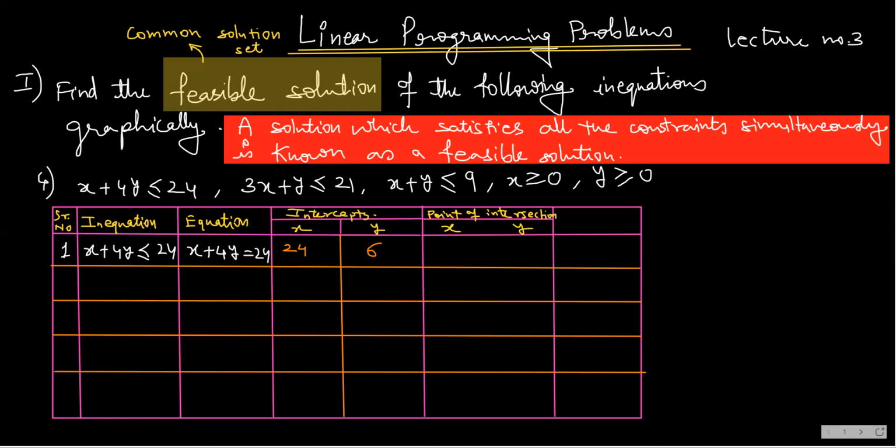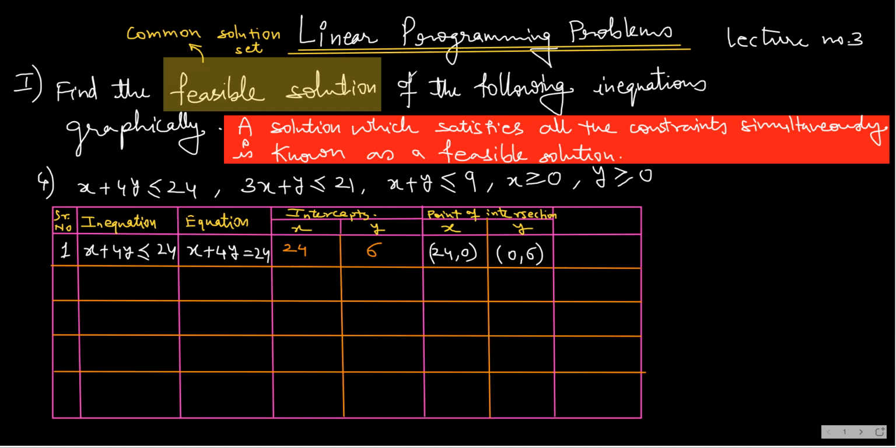We can have one column like this. Now you saw that this line has x-intercept 24. So (24, 0) is the point of intersection with x-axis. And the y-intercept is 6. So (0, 6) is the point on the y-axis. Okay, so this is for the first line.